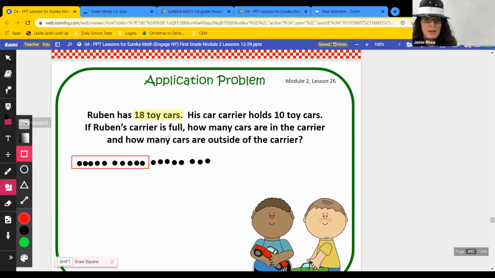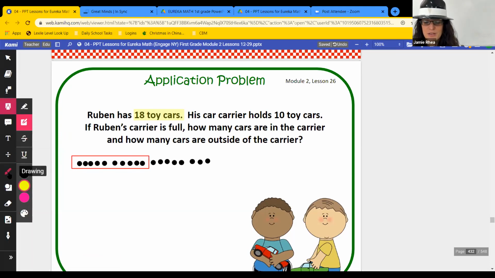Okay, let's go back and look for more clues. Now that we've drawn our 18 out, and I framed my 10 so I can show you 10 and 8. All right, his car carrier holds 10 cars. The car carrier holds 10 toy cars. That's important. So here's my 10.